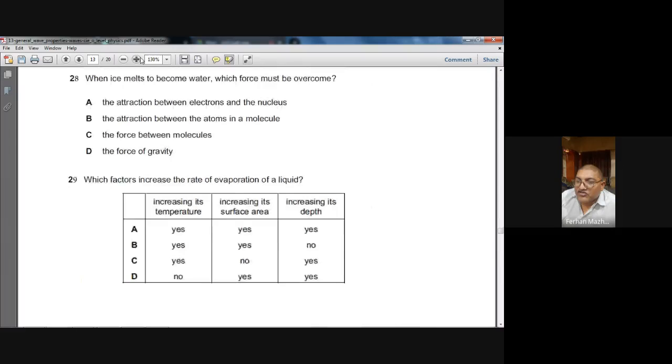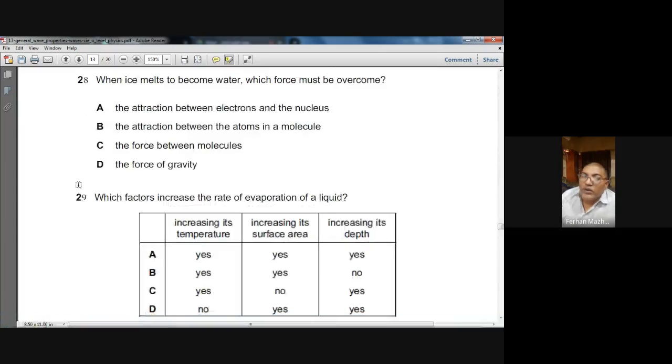Okay, so on your screen we have question number 28. When ice melts to become water, which force must be overcome? We have to overcome the force of attraction between the molecules.